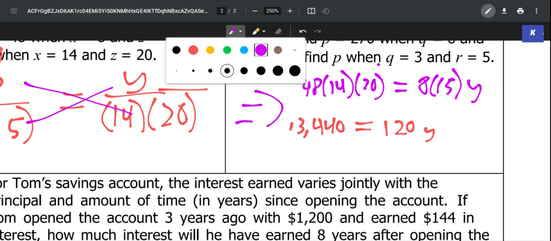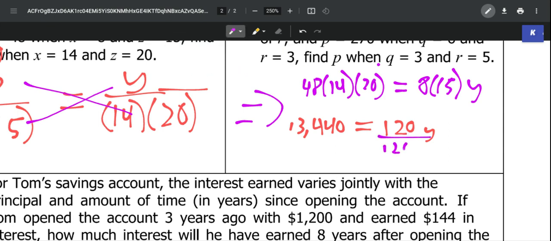And then all we've got to do here is divide by 120 to solve for y. So we'll end up with y is equal to 13,440 divided by 120, and that's going to be 112.